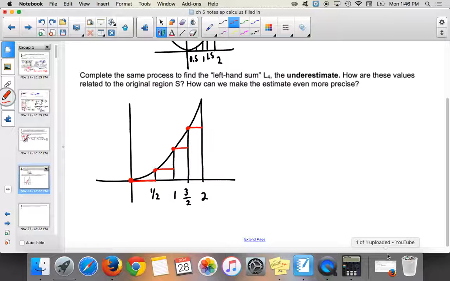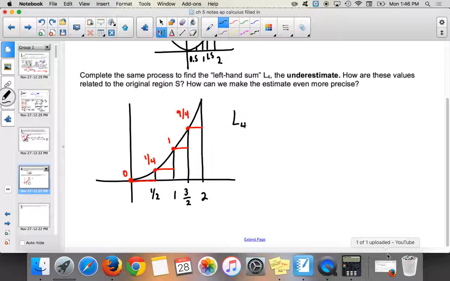So how about this one? If I'm talking about the heights for each of these, the first height is 0, and the next height is 1/4, and the next height is 1, and the last height is 9/4. I'm not using 4, am I? Do you guys see it?